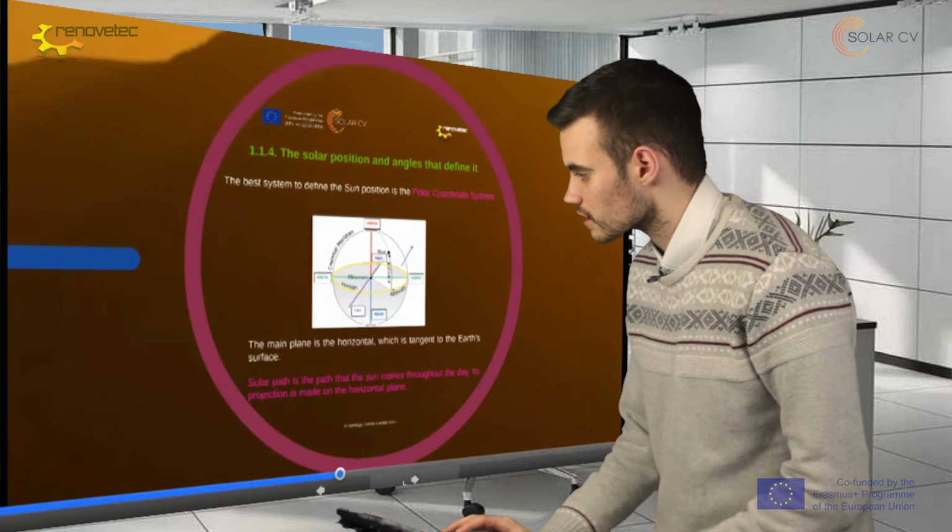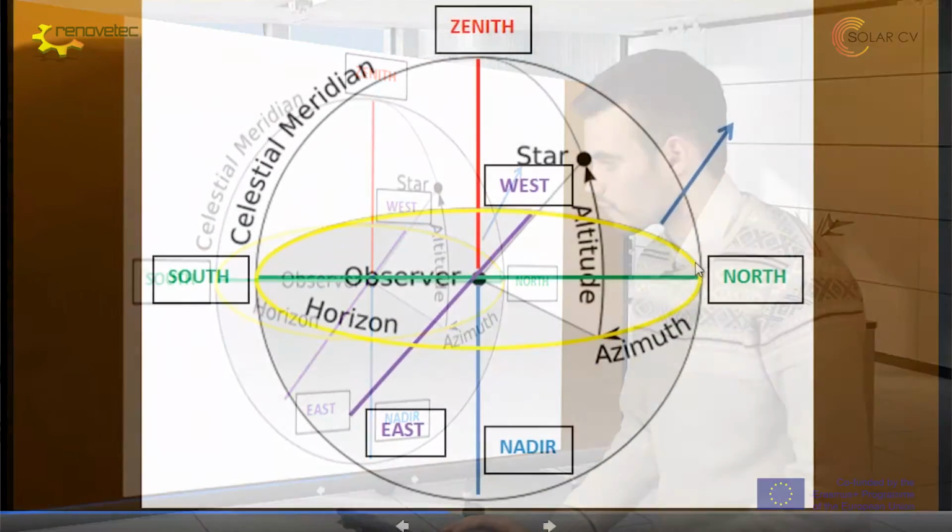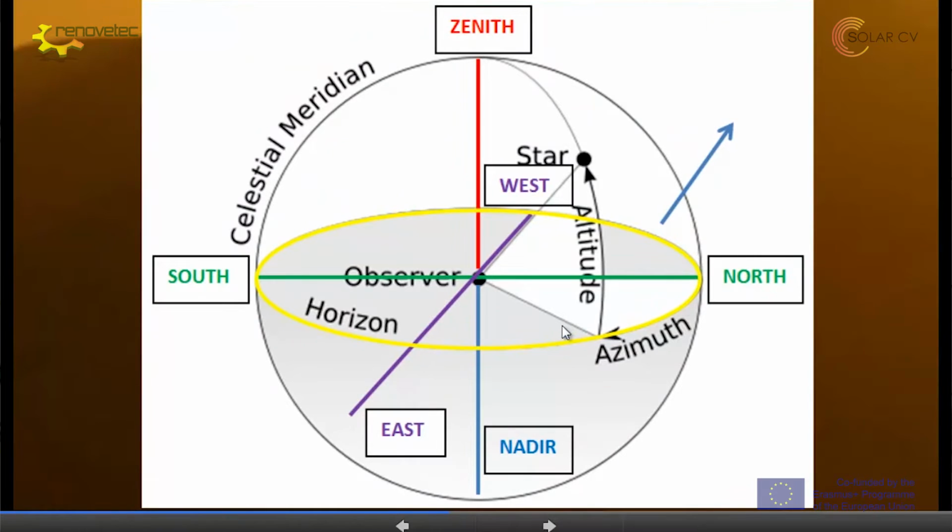For example, we can see here that we have a horizontal plane, which is our main plane, the zenith, which is our above position, the nadir, which is the opposite of the zenith, the north, the south, the west, and the east. And here we have the north-south line, the west-east line, and here the main meridian.